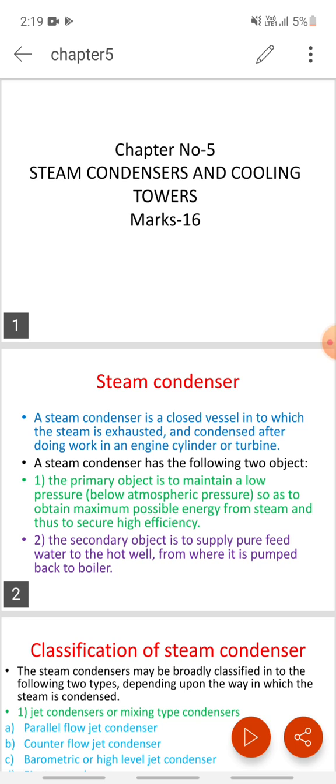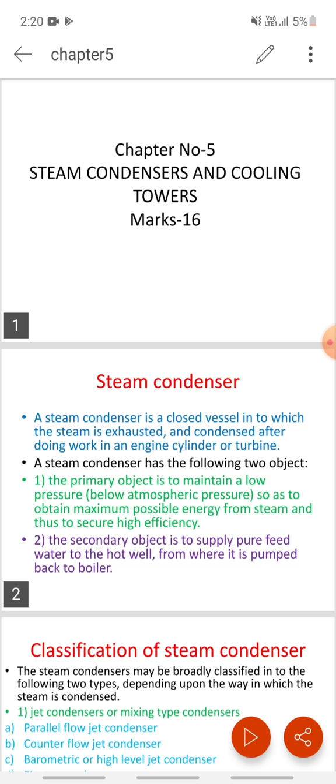Then after that, we will also learn the sources of leakage in a condenser, the effect of air leakage in a condenser, and Dalton's law of partial pressure.